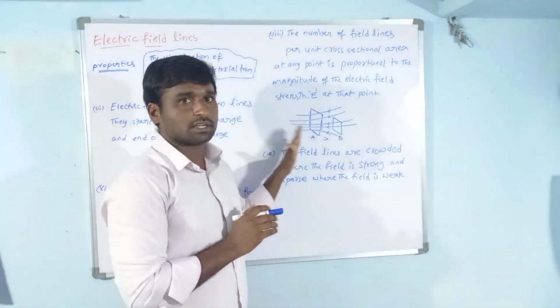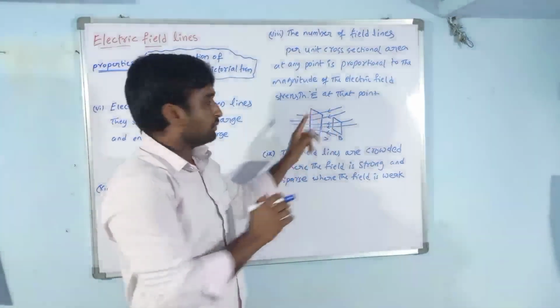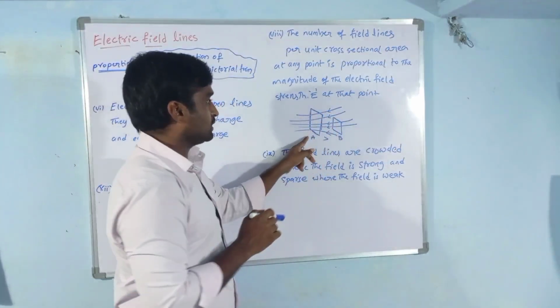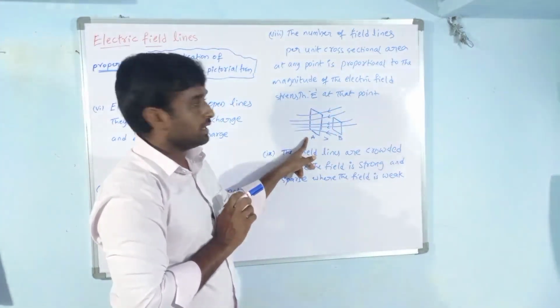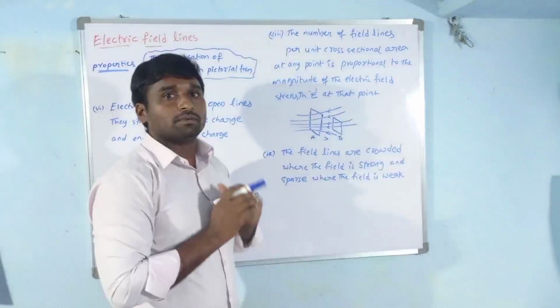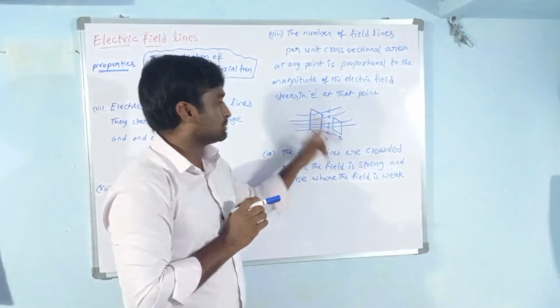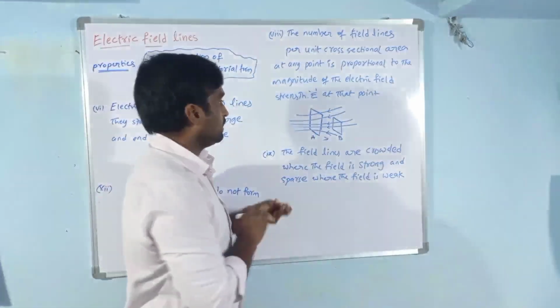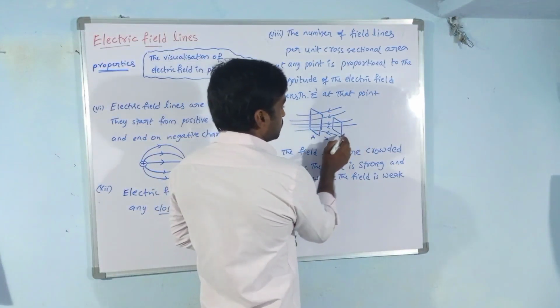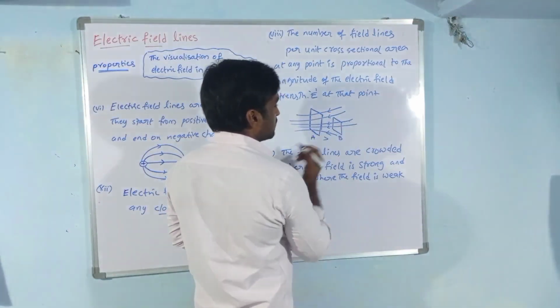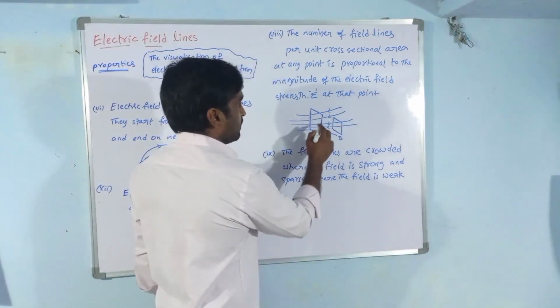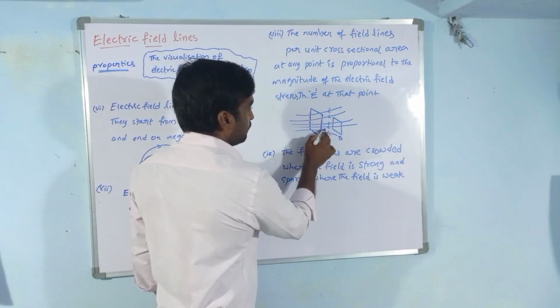Just listen to me. The number of field lines passing through surface A is more than the number passing through surface B. How many lines pass through surface B? Only 2 lines. How many pass through surface A? 1, 2, 3, 4, 5.